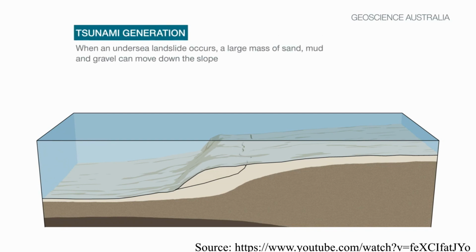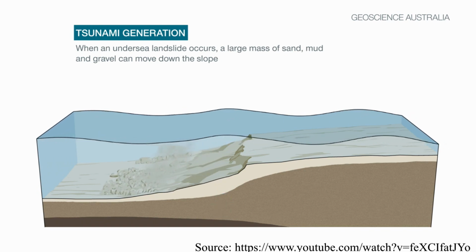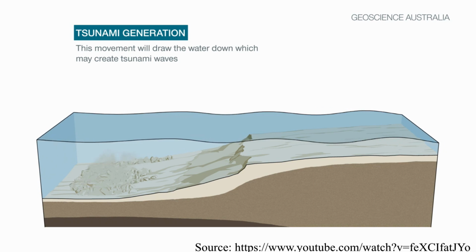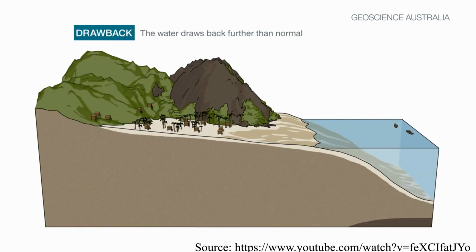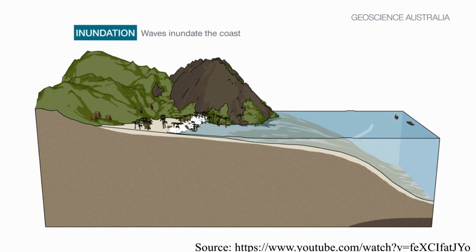When an undersea landslide occurs, a large mass of sand, mud, and gravel can move down the slope. This movement will draw the water down, which may create tsunami waves. The water draws back further than normal. Waves inundate land.